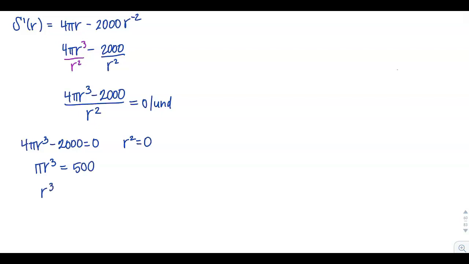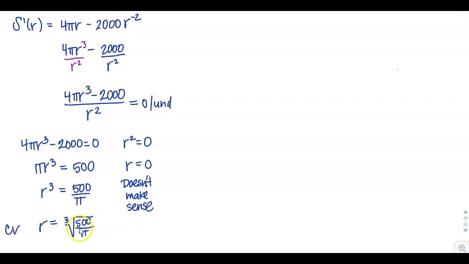Divide by pi, I get r cubed equals 500 divided by pi, or r is the cube root of 500 over pi. And over here I get r equals 0. However, it doesn't make sense for the radius to equal 0 if we're going to have any volume in our can. So r equals 0 doesn't make any sense. So this is not a critical value. So my only critical value is this cube root of 500 over pi.